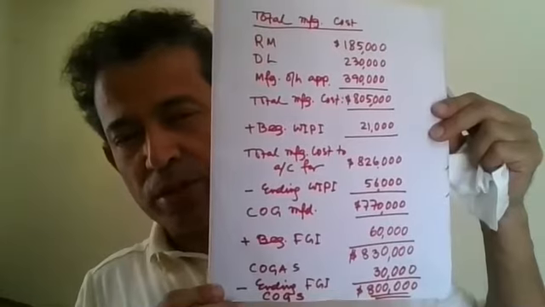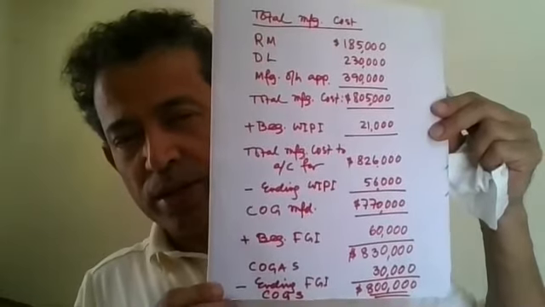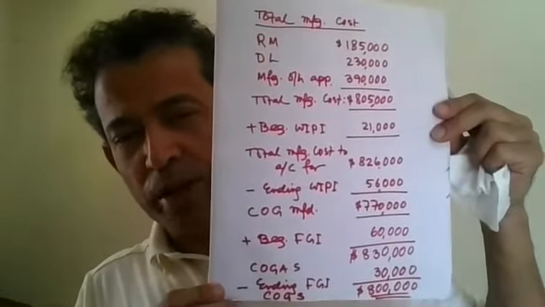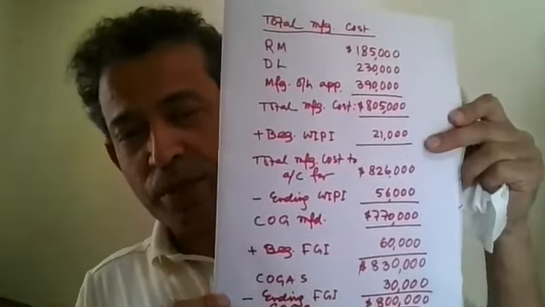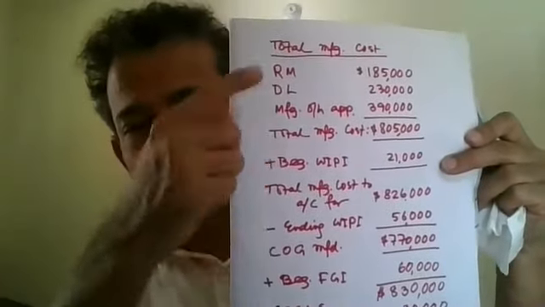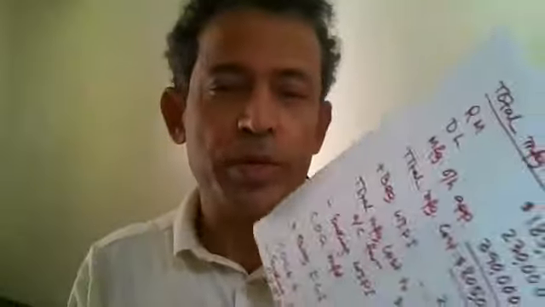Raw materials used, then direct labor used, manufacturing overhead applied. Okay. Then in the complete schedule, it's customary to begin with raw materials inventory: beginning raw materials inventory plus raw materials issued minus ending raw materials.